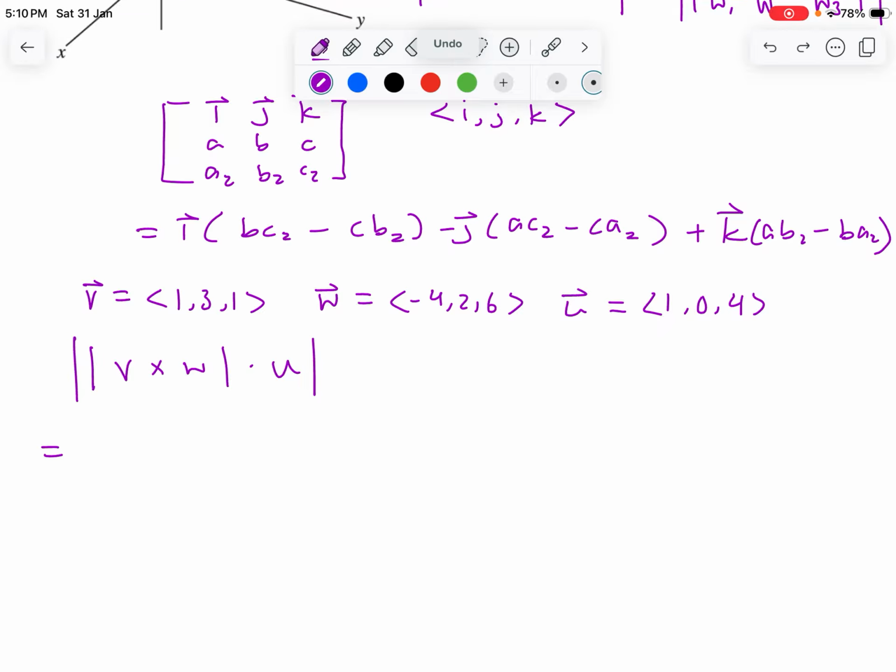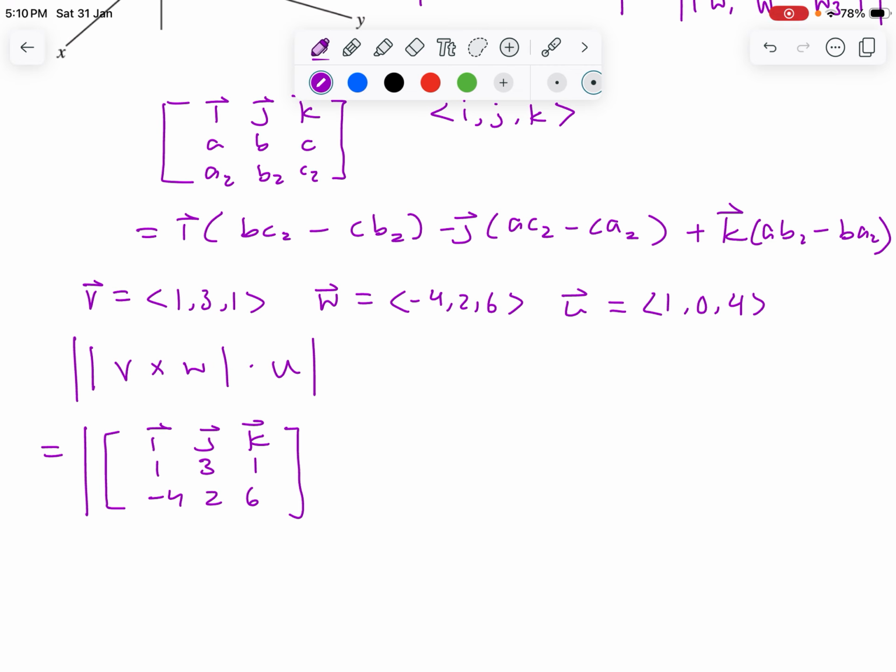So first of all, we have the absolute value, and then we want to get the cross product of v and w. And what I like to do when doing cross product is, remember, you have to label them as vector I, j, k, and then write down the values of v and w. So v is 1, 3, 1. W is -4, 2, and 6.